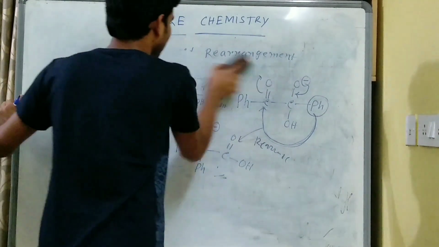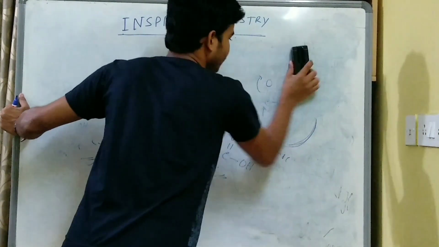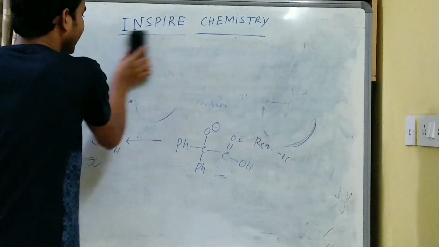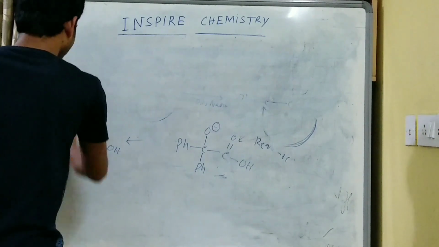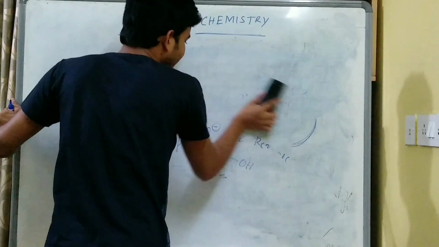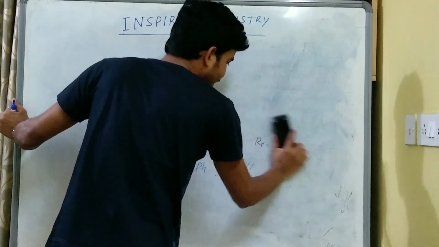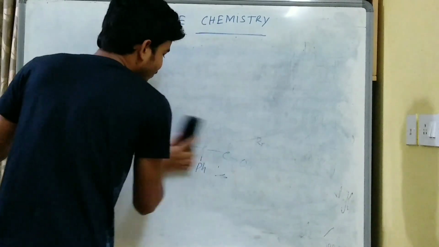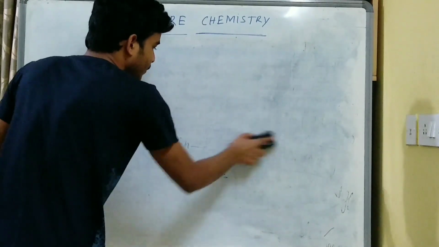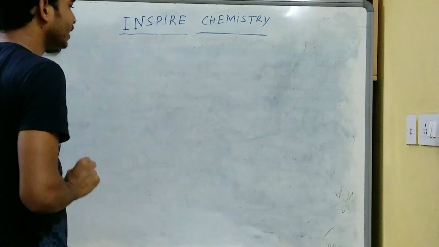Practice this mechanism, because it is very important from your exam point of view. When you see that one diketone is the substrate and the base is OH minus in most of the cases, and after that protonation takes place, then you will do this mechanism, the benzilic acid rearrangement.